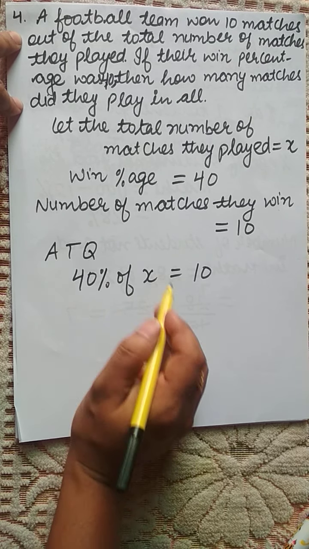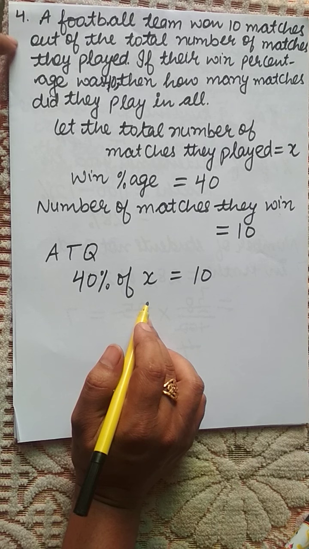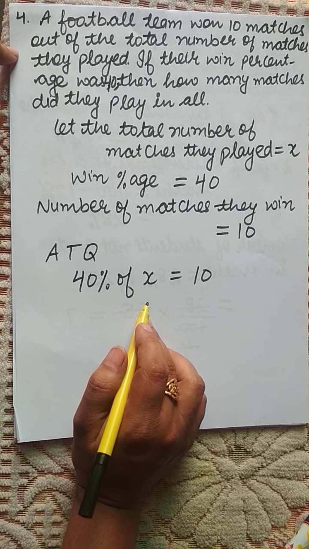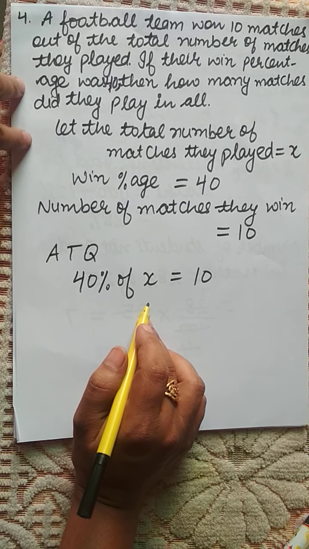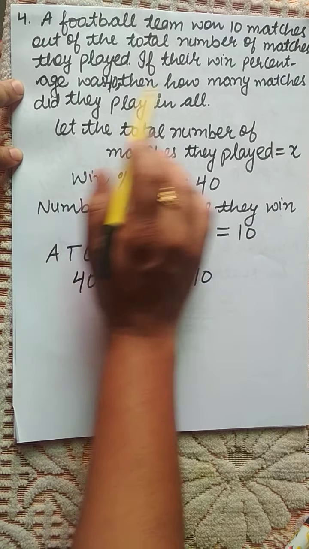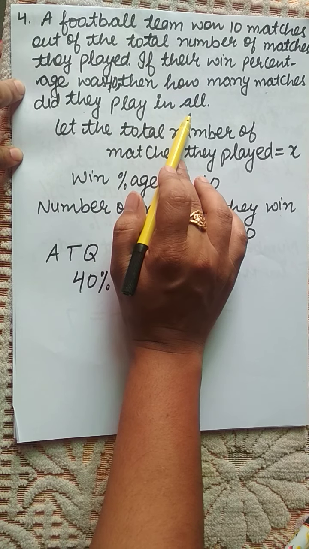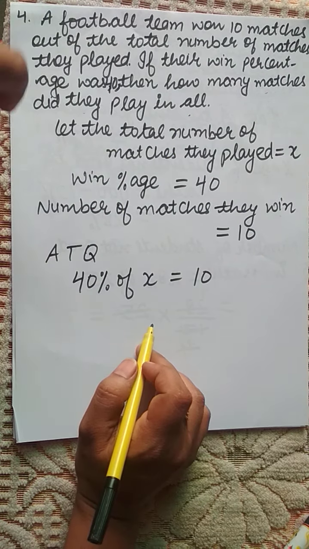This thing you already have done in your previous class whenever you were supposed to find out the whole quantity. So here I have to find out how many matches did they play in all, the total number of matches actually. So 40% of x can be written as 40 divided by 100 multiplied by x is equal to 10.